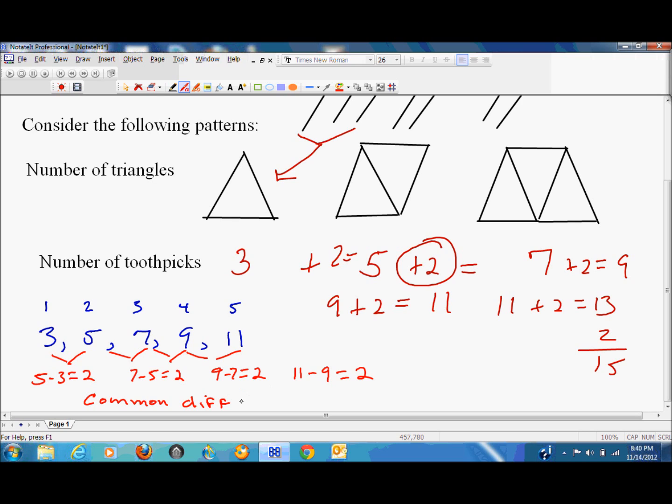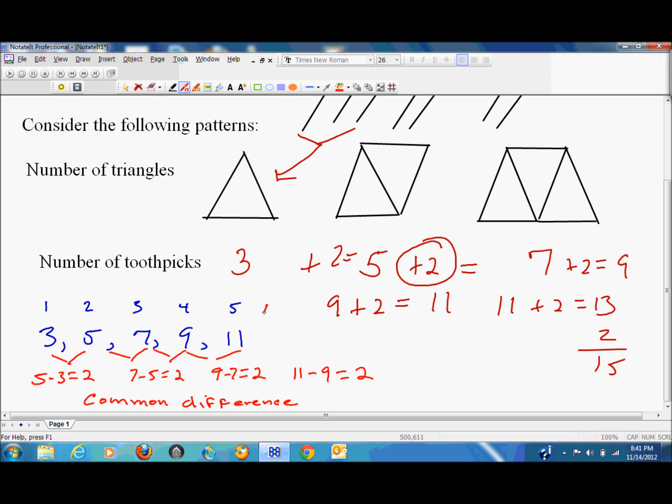Because we are subtracting, it's a difference, and as long as that difference is the same, it is called a common difference. So make sure you understand that.